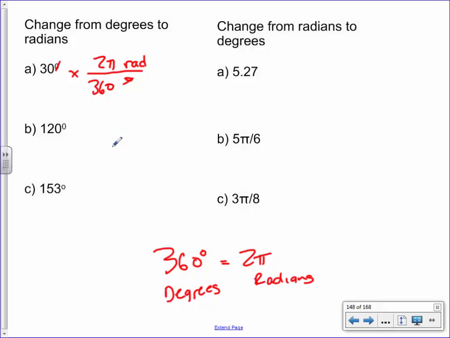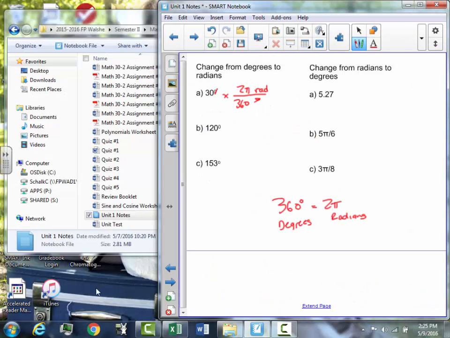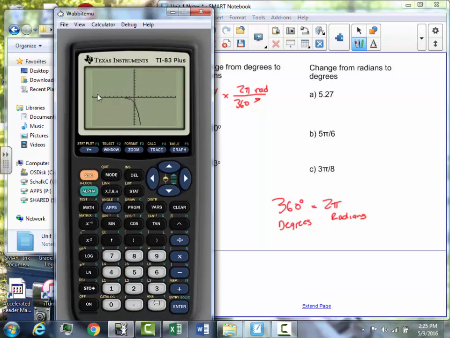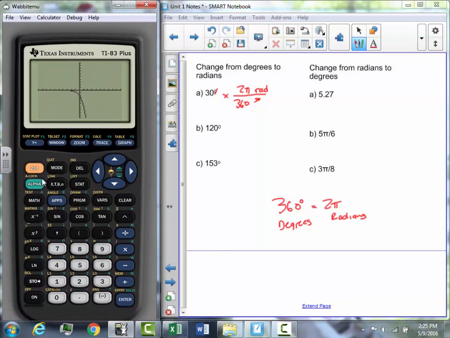So what you have to do in your calculator is take 30 degrees times 2 pi and divide by 360. And I'll grab a calculator here to show you how that would look. So take 30 degrees times 2 times pi, which is 6.28, divide by 360. You get about 0.52.